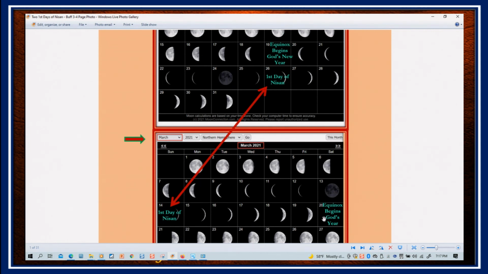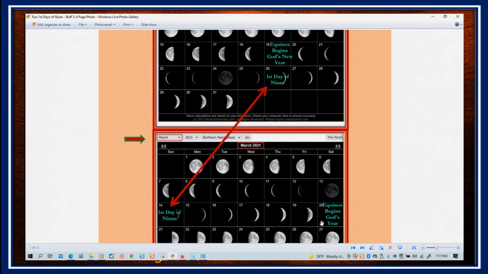We sure did, and we spent a lot of time investigating that, didn't we? So God's new solar year in 2020 began on the 19th day of March, right? But it won't end until when? Right here, March the 20th, 2021.